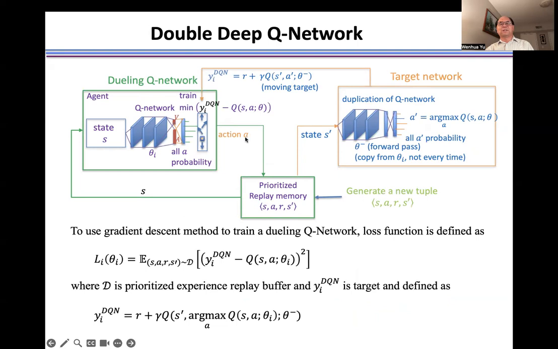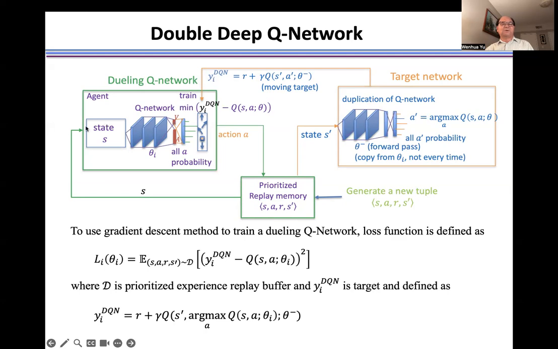For the target network, the action here is from the Q network, which gives this A, and then we just copy the parameters from the Q network to here, run a forward pass and get the Q at this action A. And then we use this Q plus the real reward as the target to train the Q network.